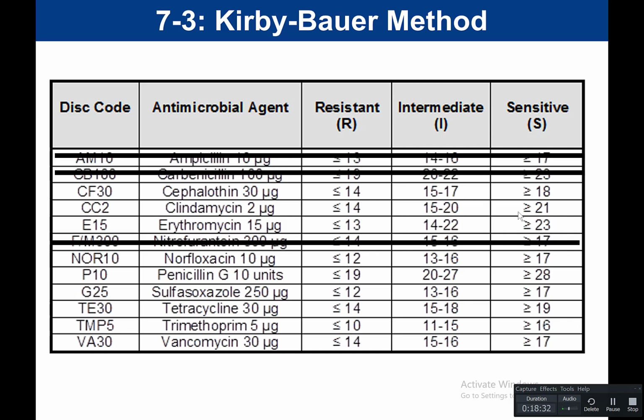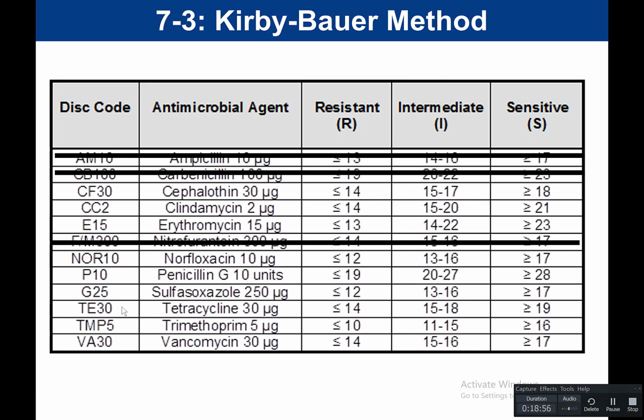And so when doing this experiment, you would measure your zone of inhibition for each of these drugs. And then you would record how large that zone of inhibition is, and then record whether it would be resistant, intermediate, or sensitive based on your numbers that you get. And so again, this is why this test has to be standardized.